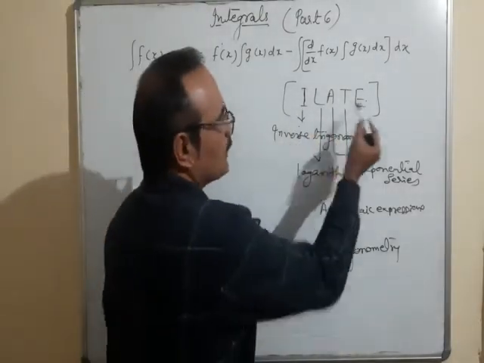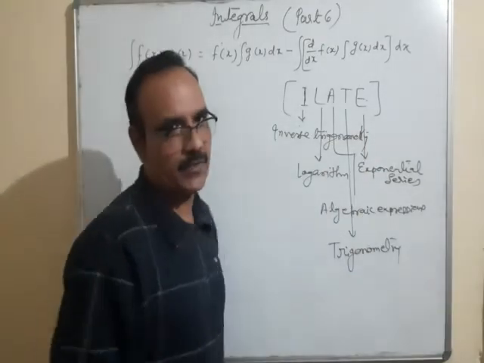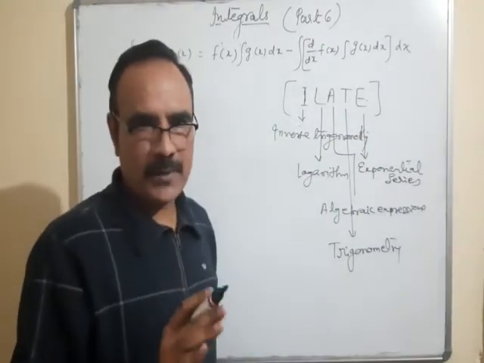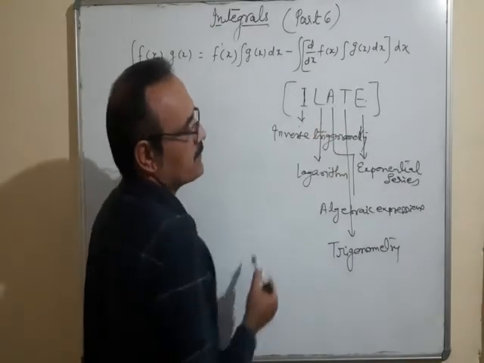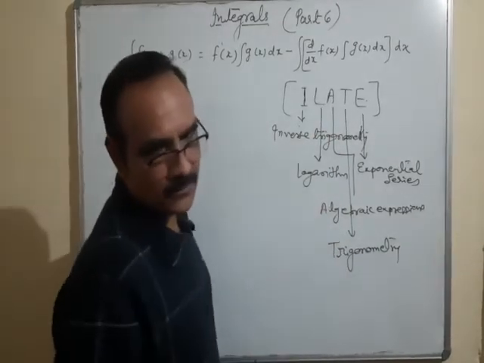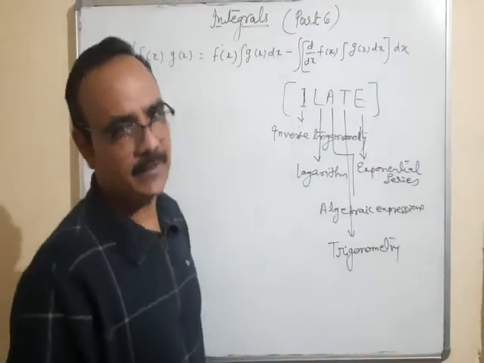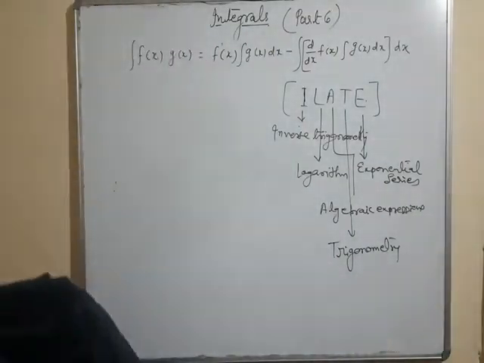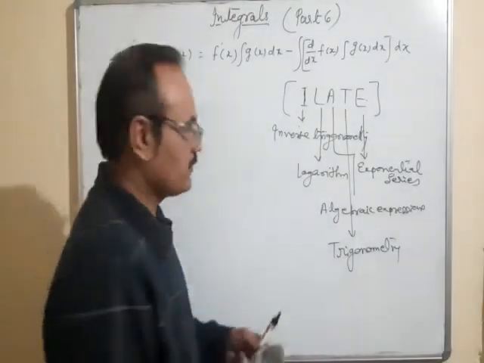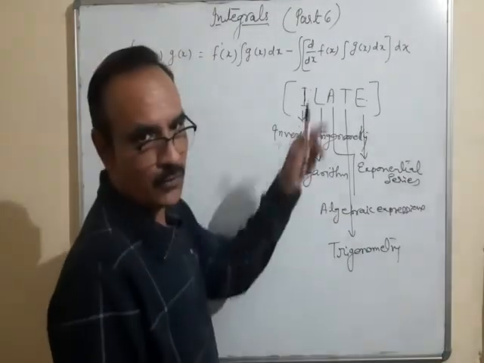And according to the arrangement, we are taking first function, second function. Logarithmic and exponential: logarithmic should be taken as first, exponential as second. Okay. So generally in most of the questions we are using the same; this rule will be followed.